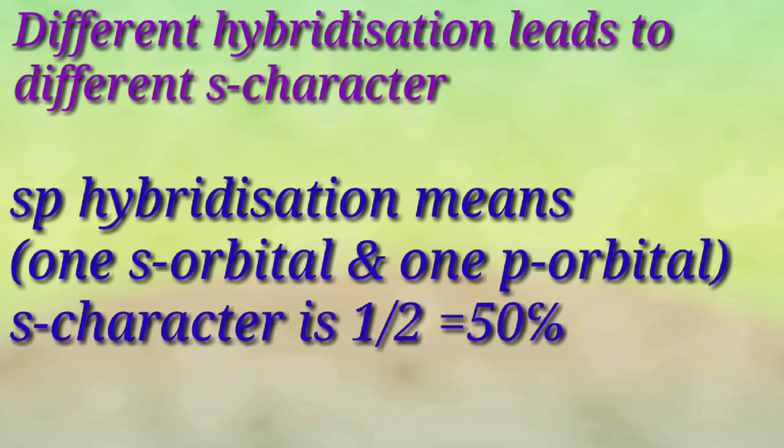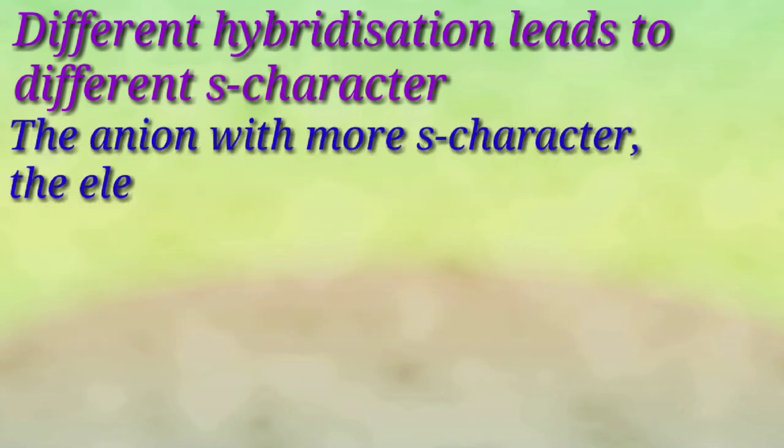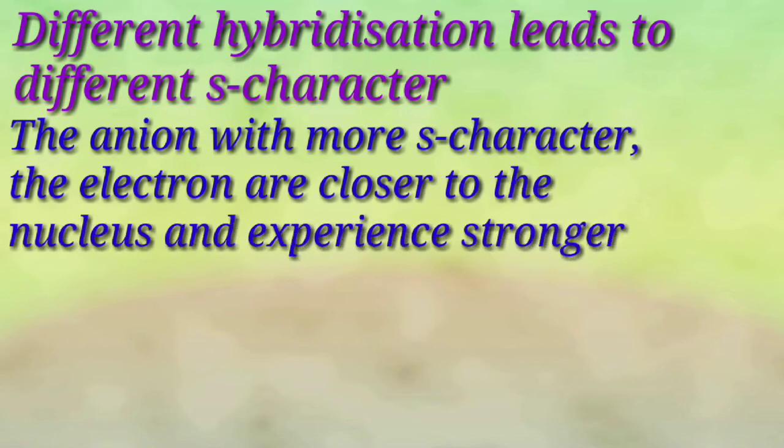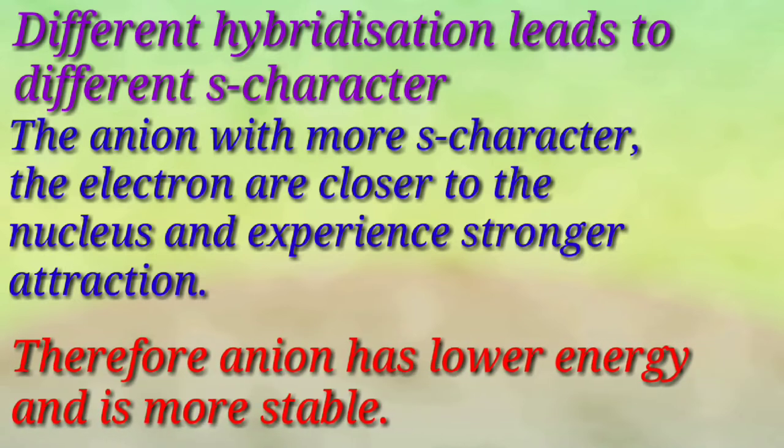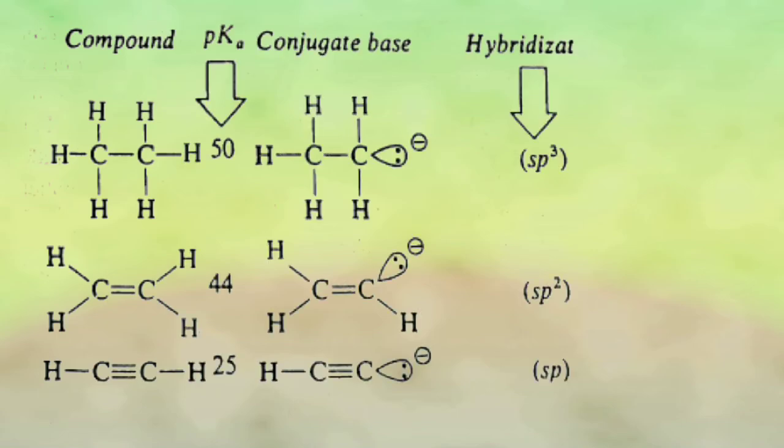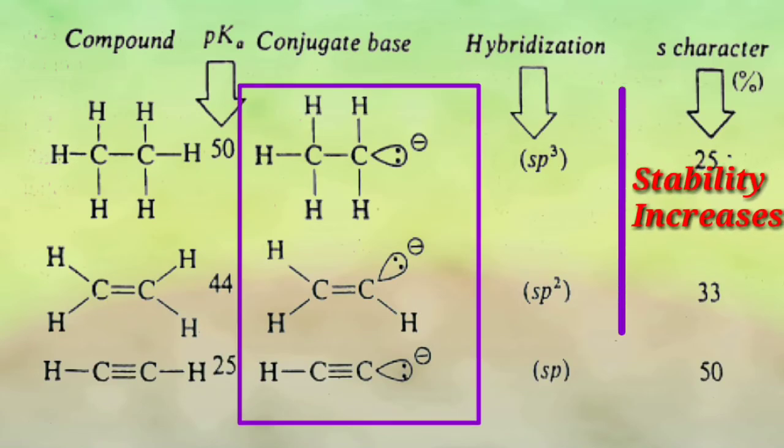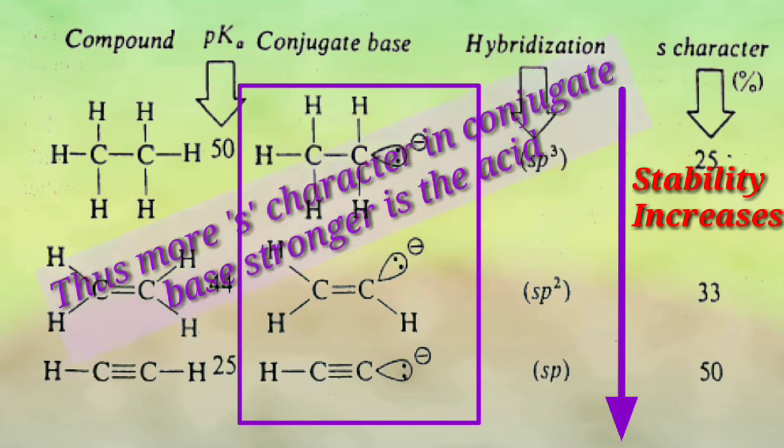Now, for the anion with more s character, the electrons are closer to the nucleus and experience stronger attraction. Therefore, the anion has lower energy and is more stable. The relative stability of the three anions, that is conjugate bases, are as follows.